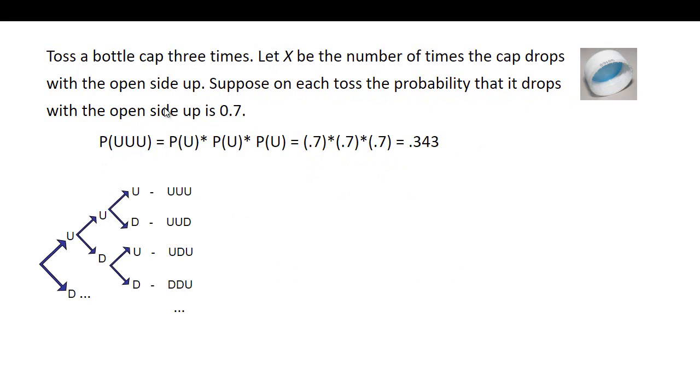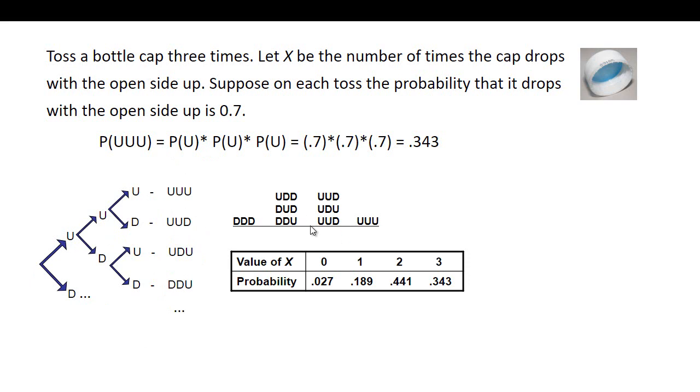Now if I toss a bottle cap 3 times, then what will the sample space be? Well, we can use a tree diagram that we have seen before, and then we can list out all the possible outcomes, and we're going to get 8 possible outcomes. D means the open side is down, U means the open side is up.